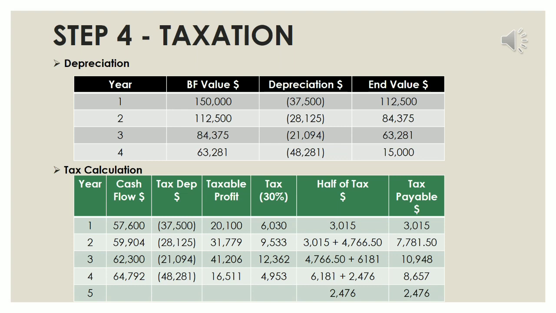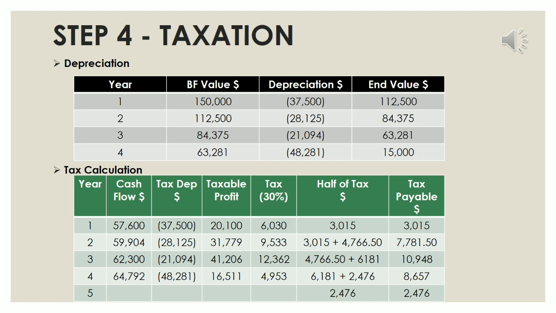Now it's time to explain why I have added two additional columns for the chart. This 6,030 is our 30% of taxable profit. But the question is a little tricky at this point, because they have mentioned that half of the tax payable is in the current year.